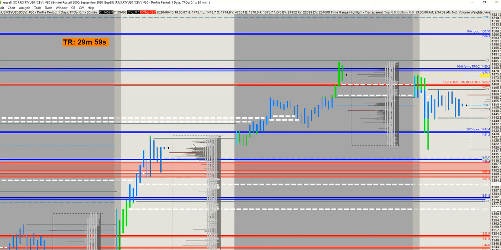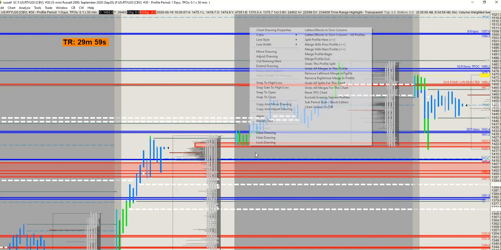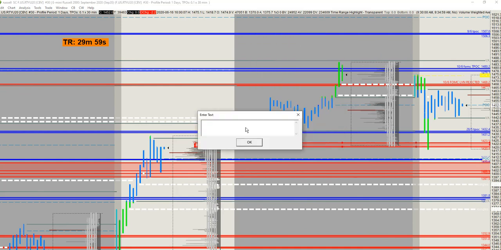Market closed above it, so this low volume node held several times, so that's important. This is 15th of June, LVN held upside.